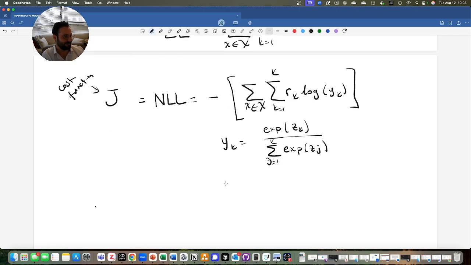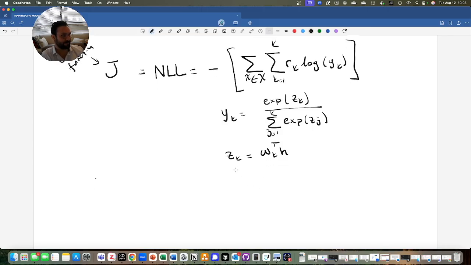And my z of k is equal to w of k transposed h, and my h is nothing but a function of x. That's still to be non-parametric.